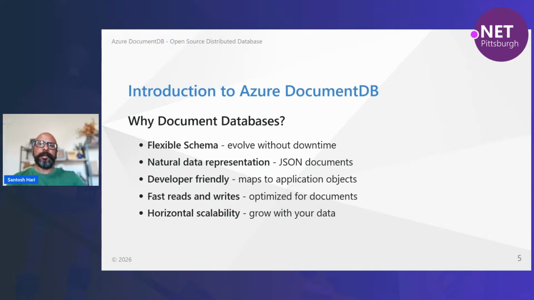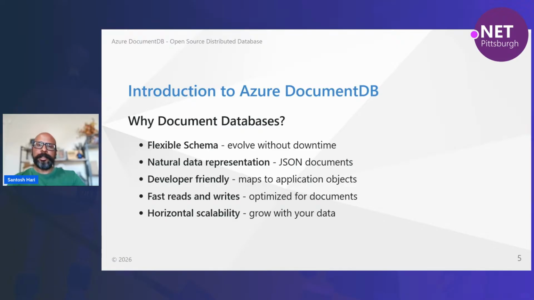The other thing is, it's fully JSON native, which means there's no object relational model impedance mismatch. You can just store and retrieve things as complete documents. There's no ORM involved. It's super developer friendly. With JSON, you can just map it to application objects and start writing, whether it's JavaScript, Python, Java, C Sharp, whatever it is. You can just start coding in whichever language you like.